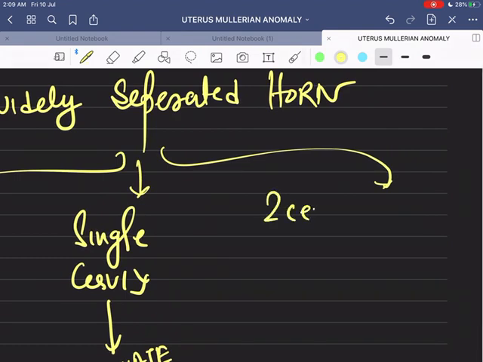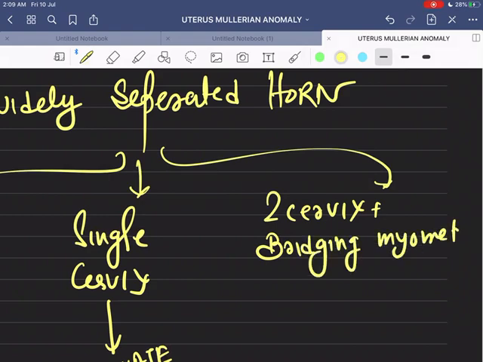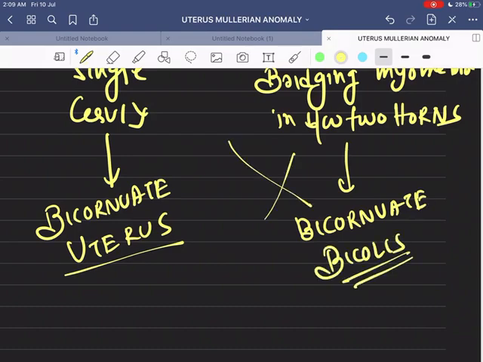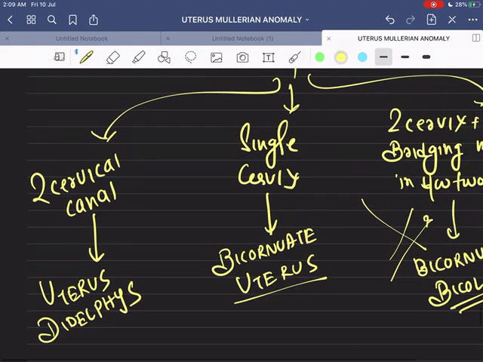And if there are two cervices but there is bridging myometrium between the two horns, then it is bicornuate bicollis. This is rare actually. Just focus on these two things, uterus didelphys and bicornuate uterus.